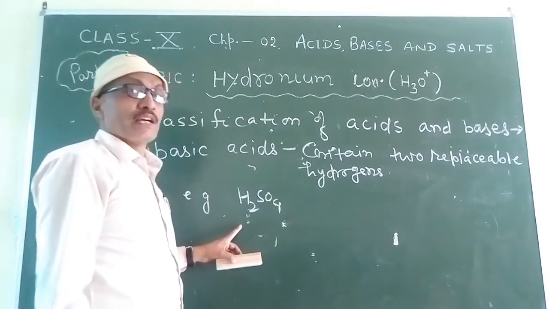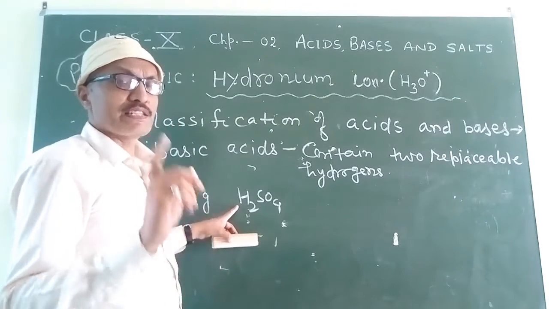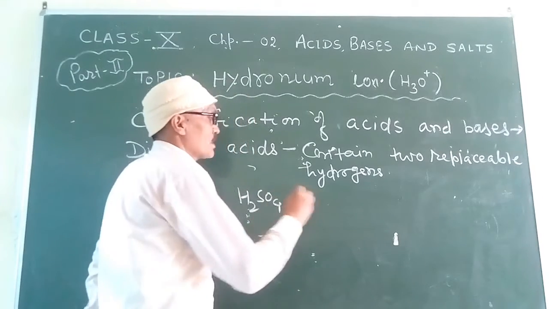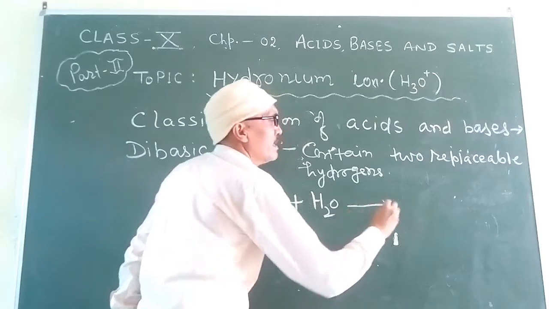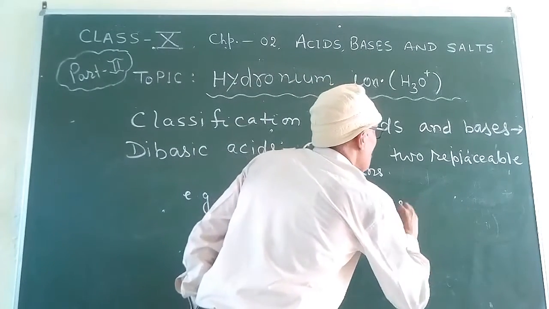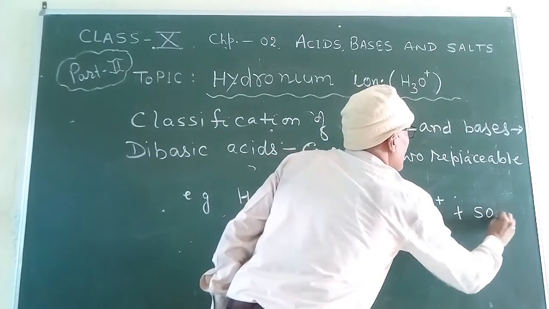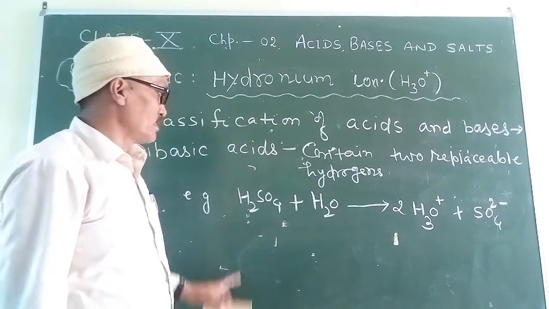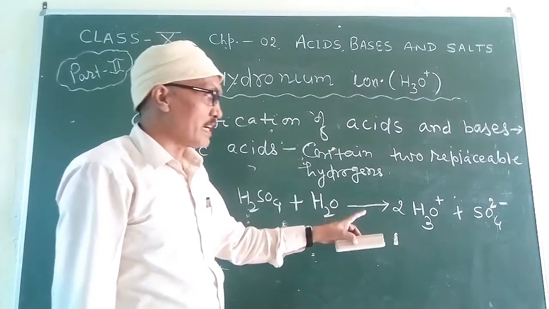Sulfuric acid contains two replaceable hydrogens. So it is an example of dibasic acid, and you can show the reaction of H2SO4 in water like this: it gives 2H3O plus and SO4 2 minus. So dibasic acid, two replaceable hydrogens, right?